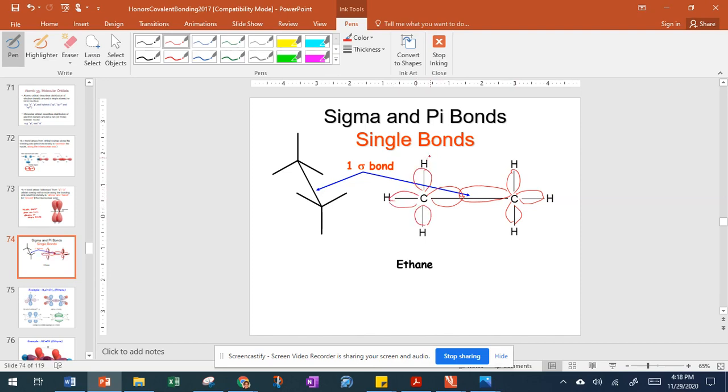The hydrogen only has s. And along the middle, when those two sp3 hybrids overlap, we have the sigma bond there. We have an sp3 and s overlapping here to have a sigma bond, and so on for all of the carbon-hydrogen bonds.